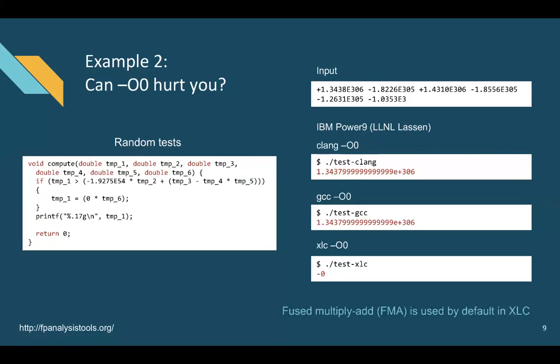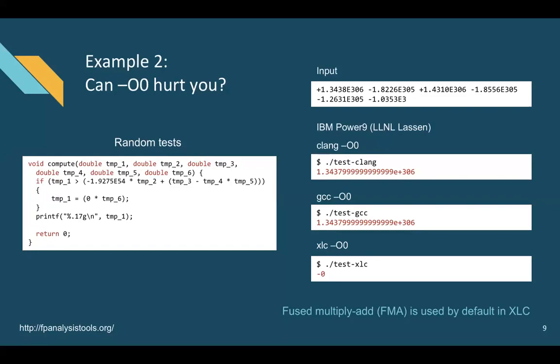Now, the difference here is that it's actually a fused multiply-add. This particular system we're running on supports FMA operations, and for some compilers, FMAs are not considered a significant optimization, and this is the case for the XLC compiler.